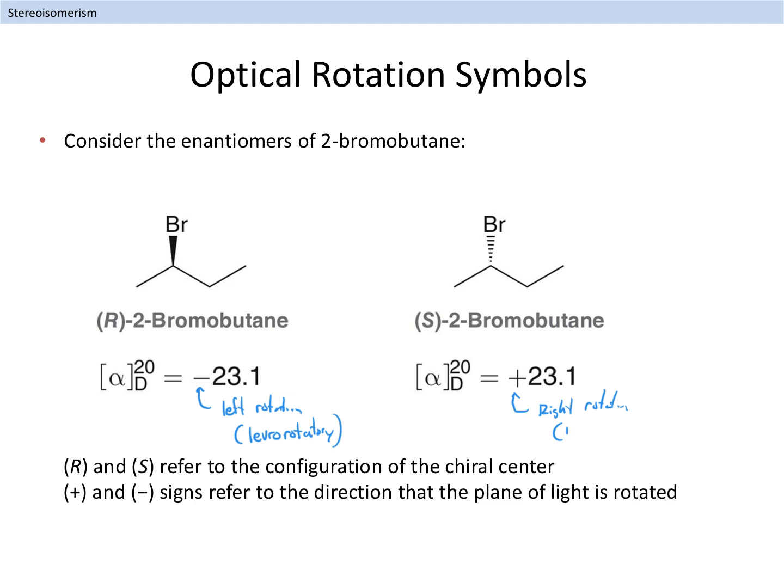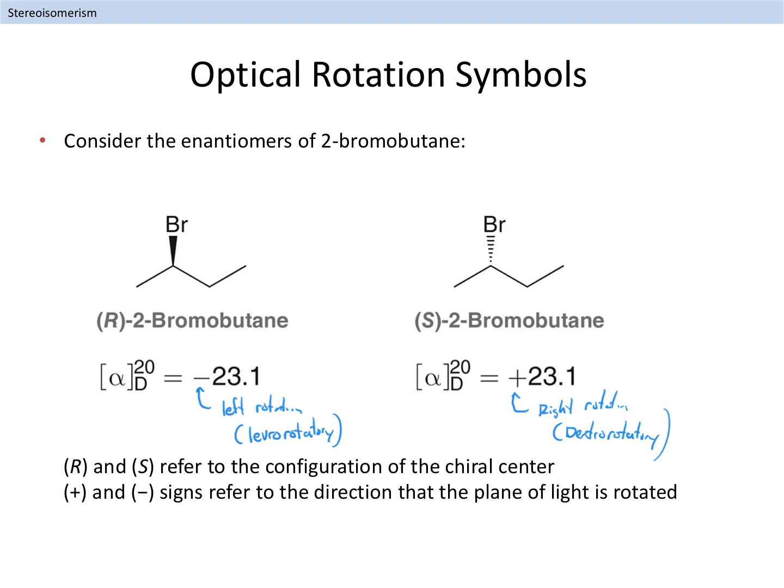These values of optical rotation are measured under specific conditions, indicated by the notation 20 and D. The 20 represents the temperature at which the measurement was taken, 20 degrees Celsius, and the D refers to the wavelength of the light used, the sodium D line at 589 nanometers. By comparing these values, we can see that enantiomers rotate plane polarized light to equal extents, but in opposite directions.